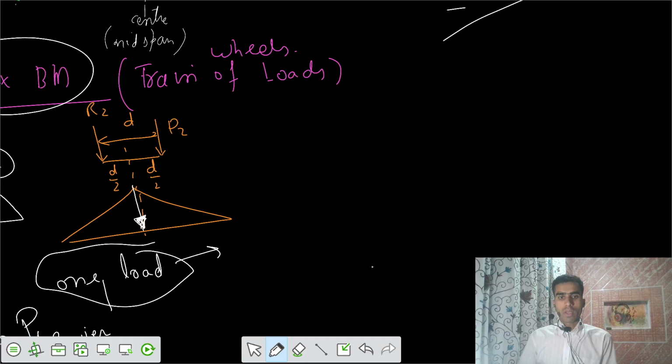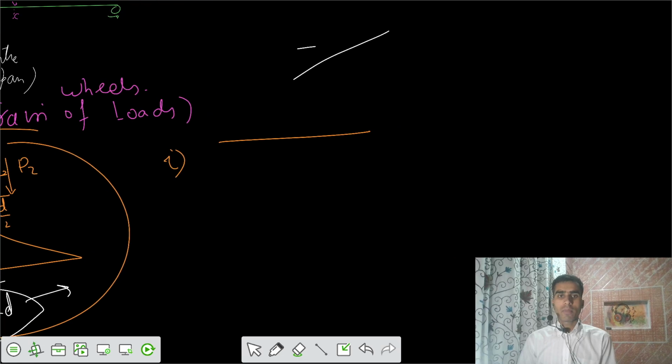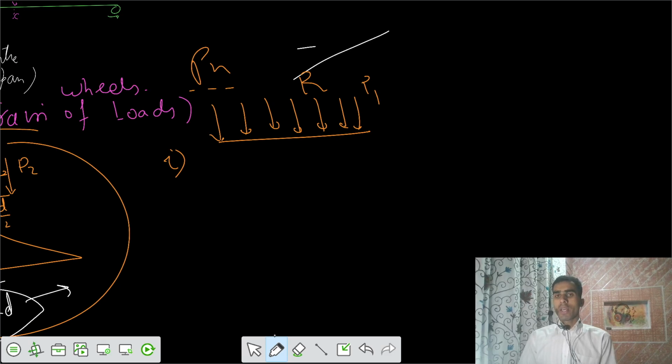So one critical note we can have, how do we get this? Firstly, there are n number of loads. Let's say there are P1, P2, P3, P4 and n number of loads. The first step is to calculate the resultant of those loads from either side.